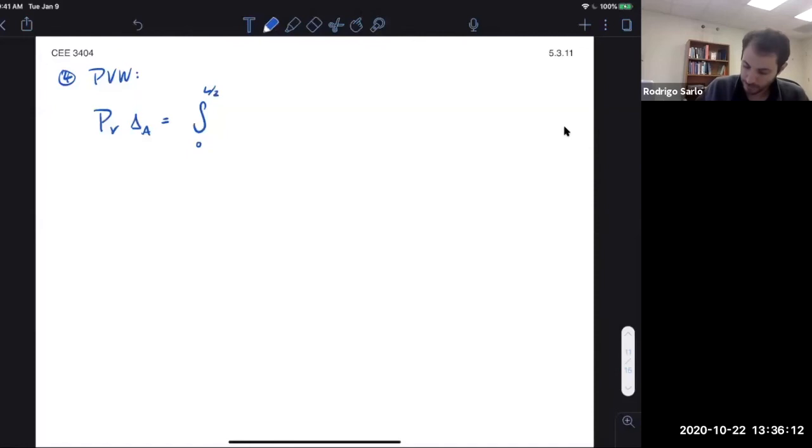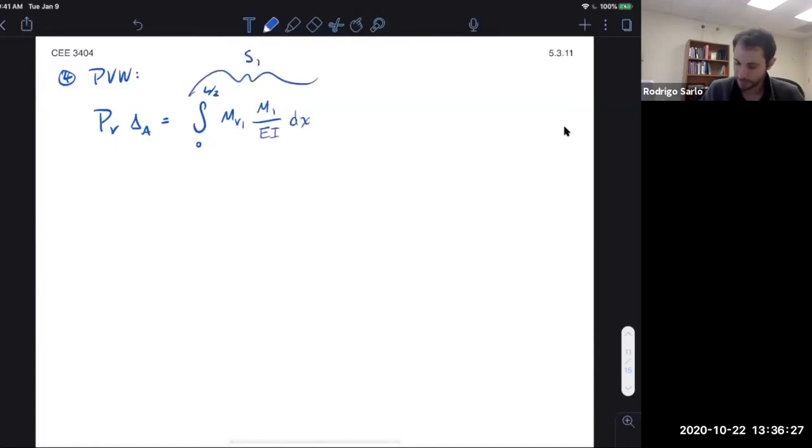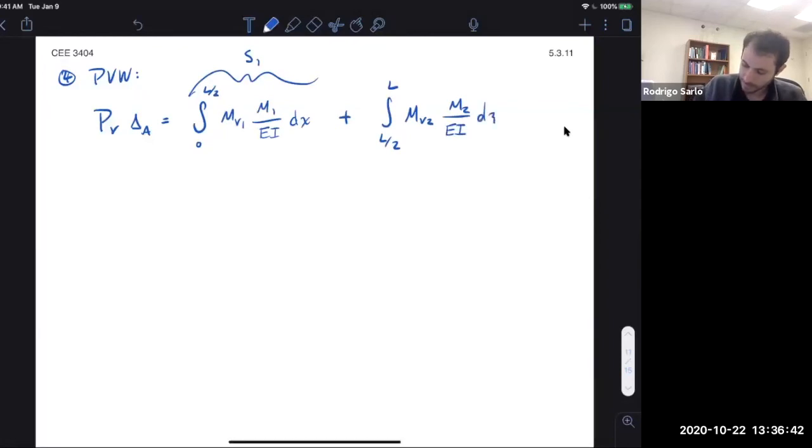So I'm integrating for the first section. So that would be MV1 times M1 over EI dx, right? So this is section 1 plus L over 2 to L MV2 times M2 over EI dx. That's my section 2. All right. And that's it.